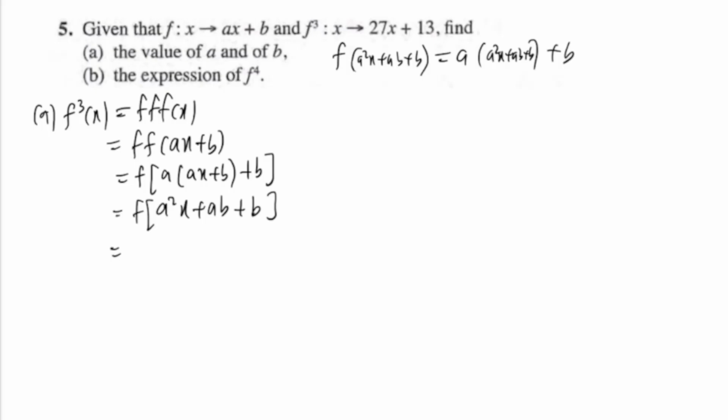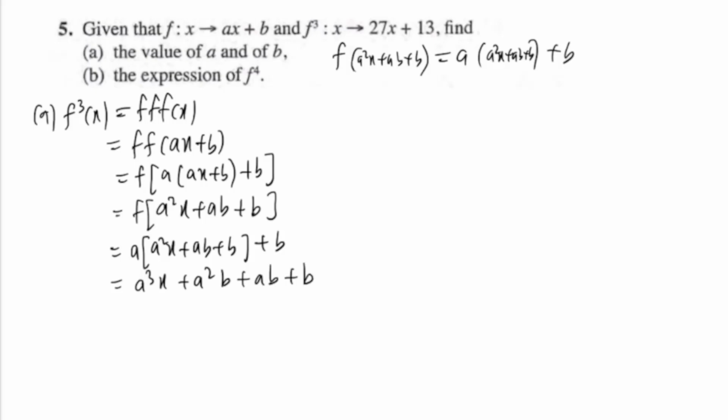So I'm going to write here a of (a squared x plus ab plus b) with plus b outside. So let's expand this further. You will get a times a squared is a cubed x. There's a squared b, there's ab and another b.